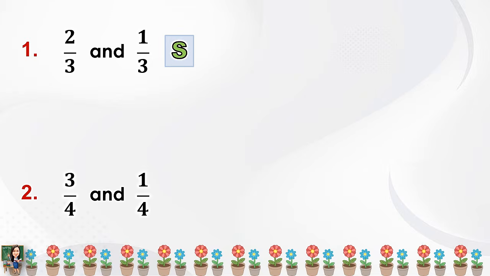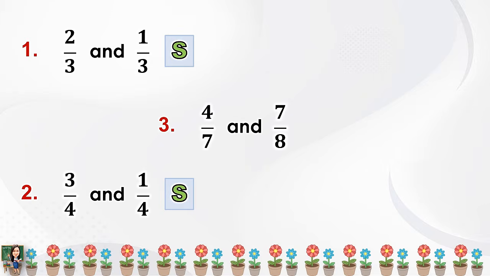Are they dissimilar or similar fractions? Very good. The answer is S. They are similar fractions. Number 3. 4/7 and 7/8. Are they dissimilar or similar fractions? Very good.